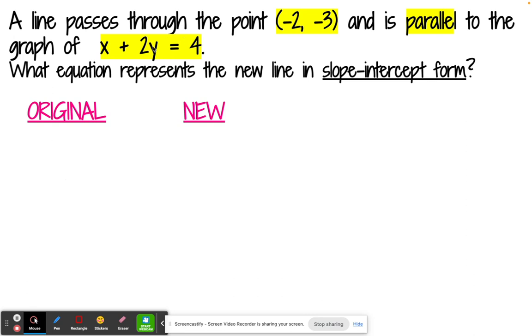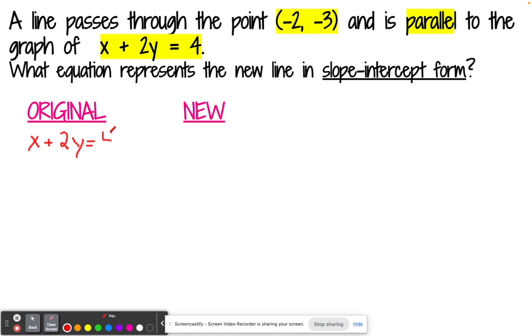Okay, now I want a line that passes through this point and is parallel to this. Well, this one is not written in slope-intercept form to start with, so I can't even see what the slope is yet. So let's rewrite this into slope-intercept form. x plus 2y equals 4.